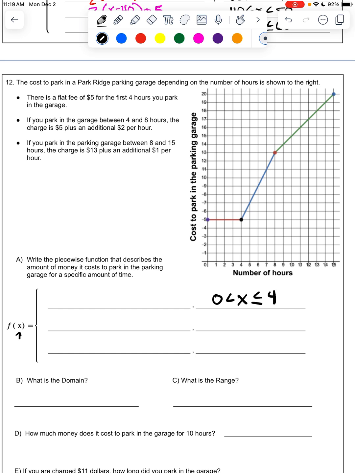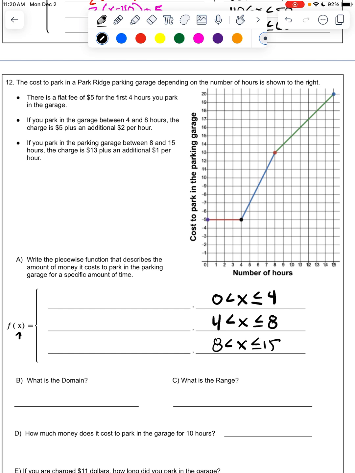The next rule starts at 4 hours and 1 second. So 4 is less than x all the way up to 8. And then the third rule starts at 8 hours and 1 second, and keeps going up until 15 hours. What happens after 15? That doesn't tell us here, so we're not going to include that as part of our function.